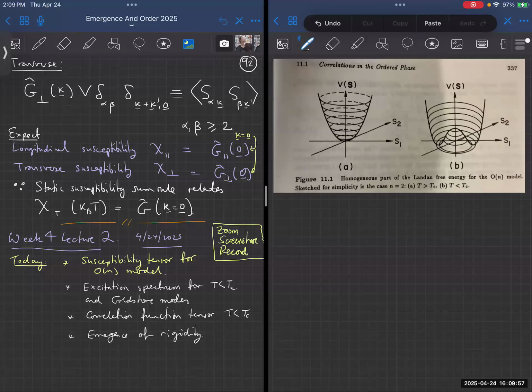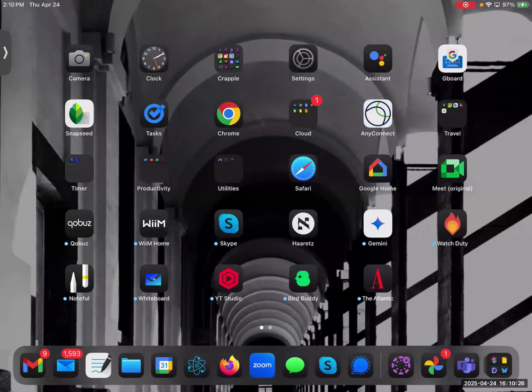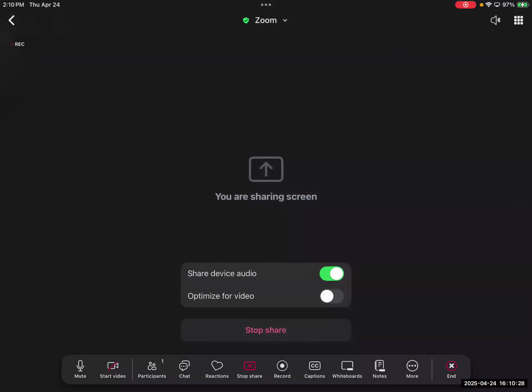I don't understand what is happening. All right. Okay, let me just check the Zoom is still recording. Zoom is recording. Great.